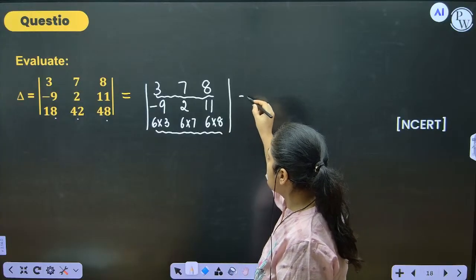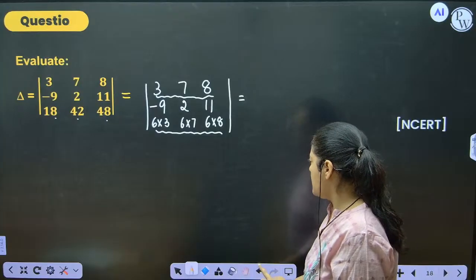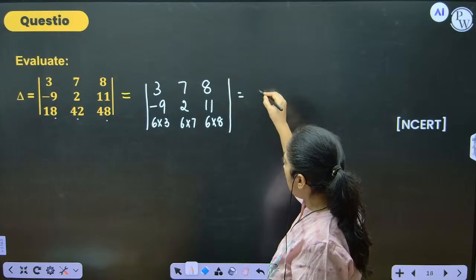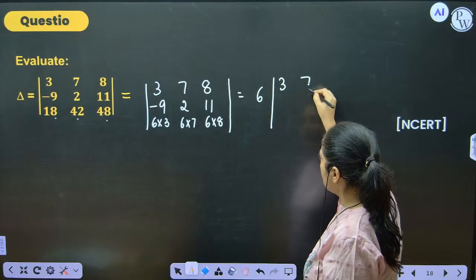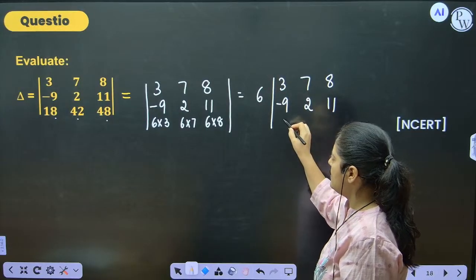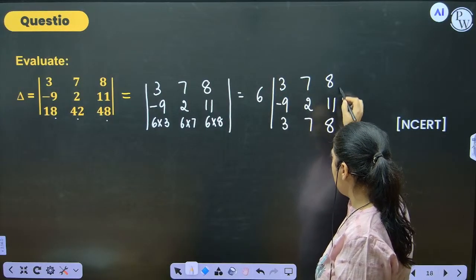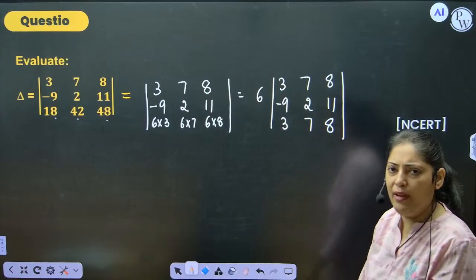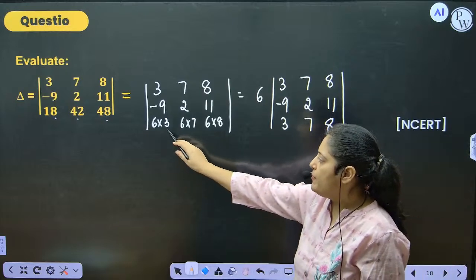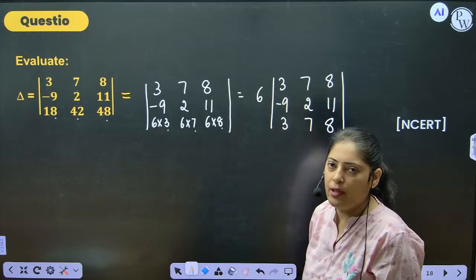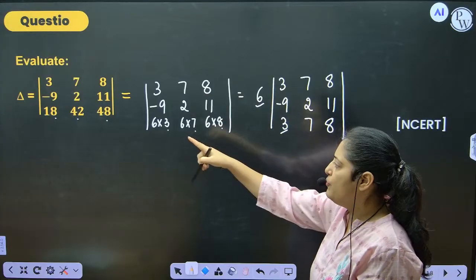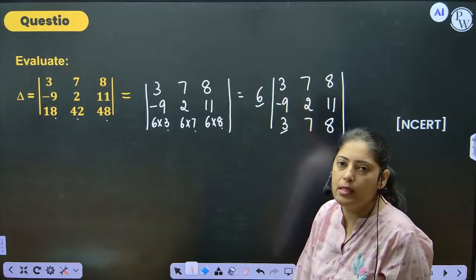That means if I'll take 6 common, what I'll be left with? 3, 7, 8 as it is, minus 9, 2, 11 as it is, 3, 7, 8. When I took 6 common, this 3 is left, this 7 is left, this 8 is left. Because when you will multiply, 6 3s are 18, 6 7s are 42, 6 8s are 48.